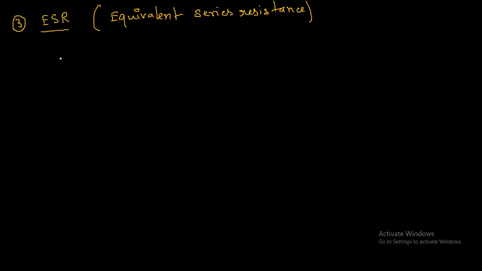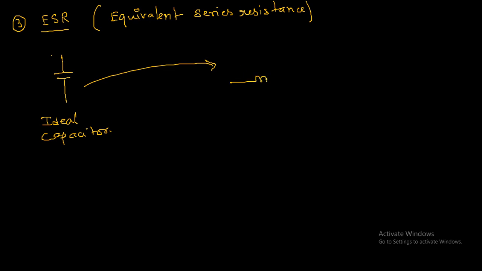Generally we have studied in school that capacitors look like this, but this is the ideal capacitor. A real capacitor is different. Let's see how it looks. It has some inductance, it has some resistance, and then it has capacitance.